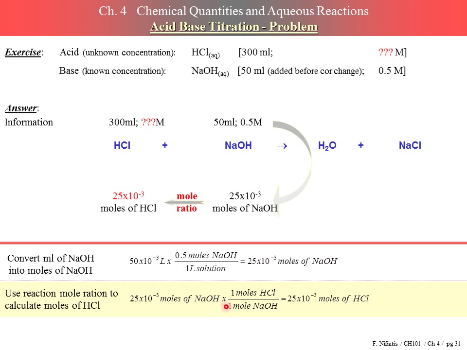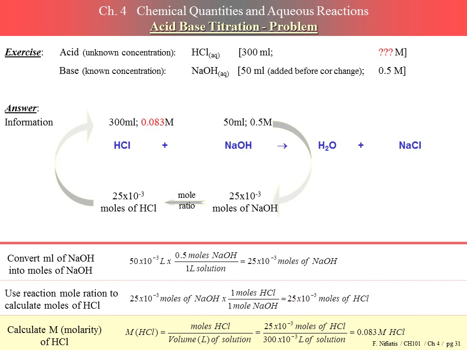The moles of sodium hydroxide and the moles of sodium hydroxide will cancel. The only unit that is left is the moles of HCl. Now I have the moles, I have the volume, I can calculate my concentration. The volume needs to be converted into liters, and that's what I have done here. So the concentration of the initial solution was 0.083 molar.